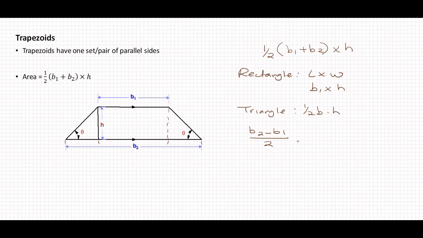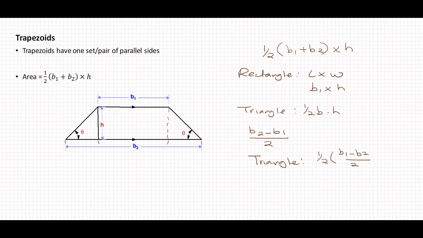Now let's do this. 1/2 base times height. Because we have two triangles, which are similar triangles, let's look at the area of the triangle. It's going to be 1/2, and our base is B1 minus B2 over 2. Actually, that is not right. That is B2 minus B1.